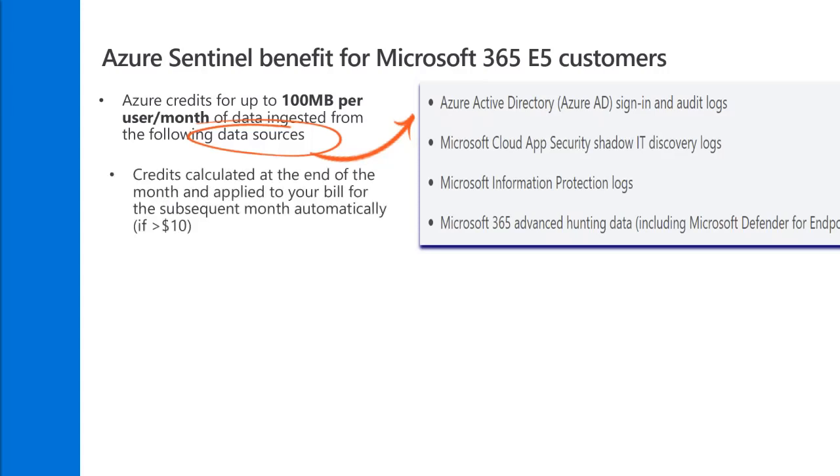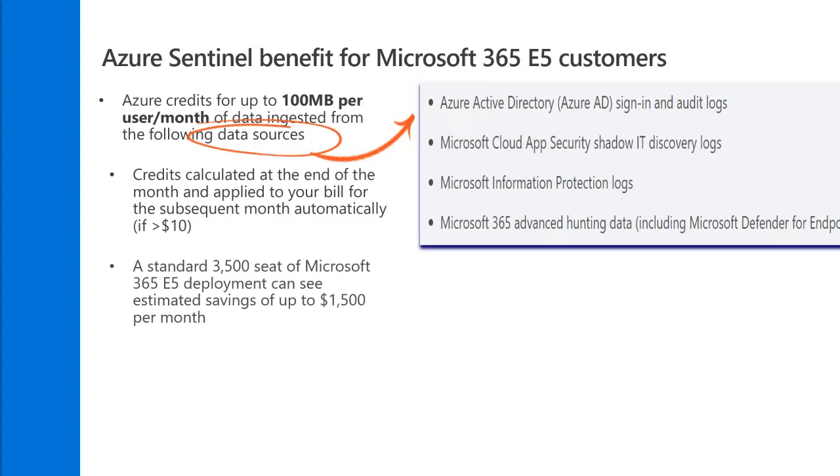These credits are calculated at the end of the month and applied to your bill for the subsequent month. So taking a typical 3,500 seat deployment of Microsoft 365 E5 with Sentinel together, the customers with this profile can see an estimated saving of up to $1,500 a month. Now, this offer is currently valid until the 1st of November 2021.